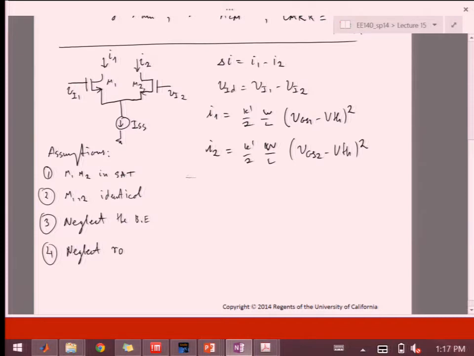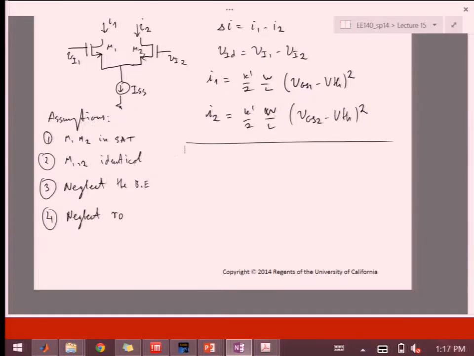And now, if I look at the KVL between the input 1 and input 2, I'm really going VI1, VGS1, VGS2, and VI2. So I have that loop. So I can say that VI1 minus VI2 is equal to VGS1 minus VGS2, if you go around this KVL loop.